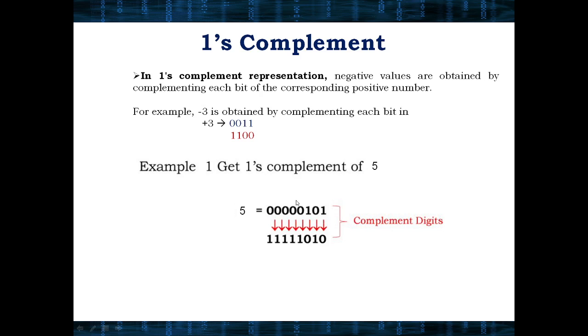When we represent 5 with 4 digits, the MSB value is 0, so we extend that sign bit into another 4 bits. That becomes an 8-bit number. Now we take the complement of each bit. That becomes the 1's complement of the decimal value 5.